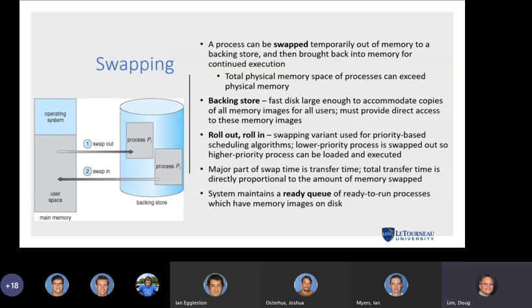So here we have the sum of all the processes running, their memory usage can exceed the physical memory by swapping in and out the processes' memory as a context switch happens. So you roll in, you roll out and roll in the various blocks of memory.